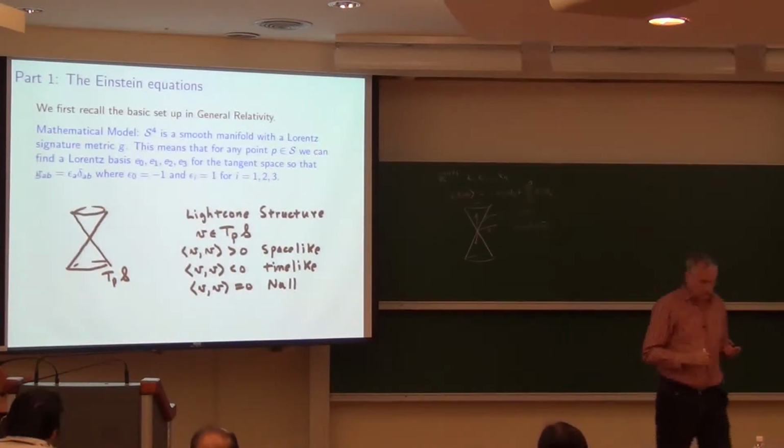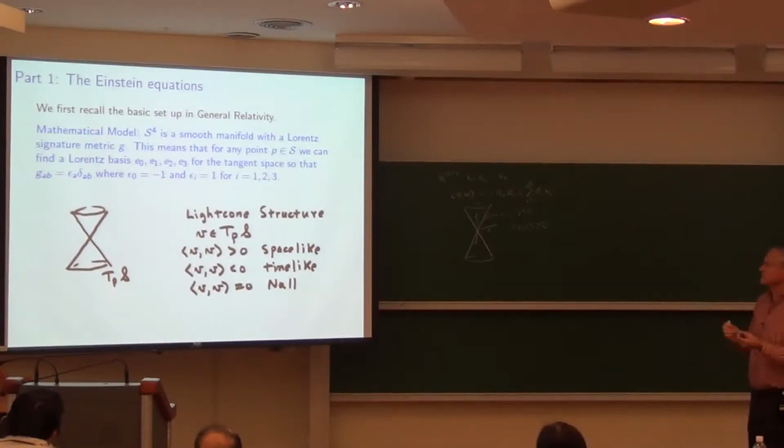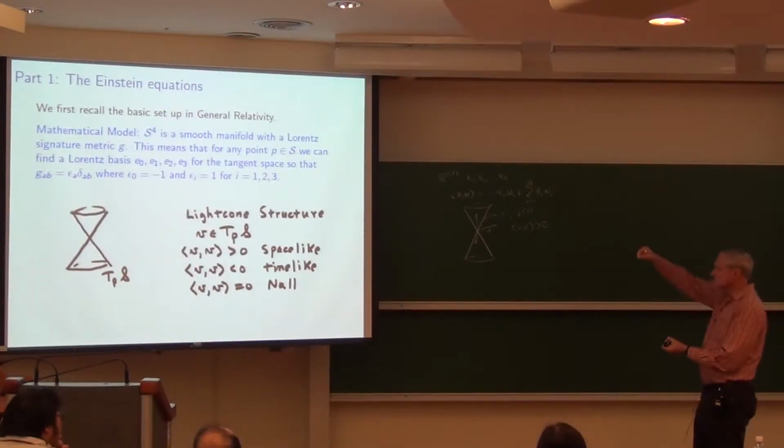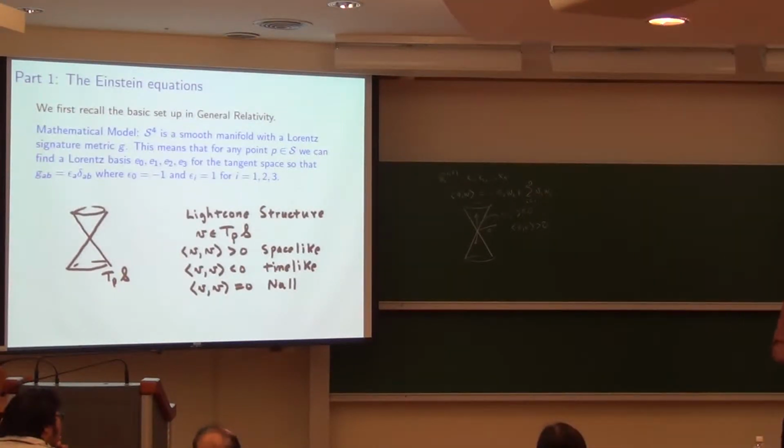Okay, so in special relativity, physical signals or observers always travel along curves that have time-like tangent. So that's the statement in special relativity that nothing moves faster than the speed of light. So this is normalized, so the speed of light is 1. Okay, so physical objects always move in time-like directions.